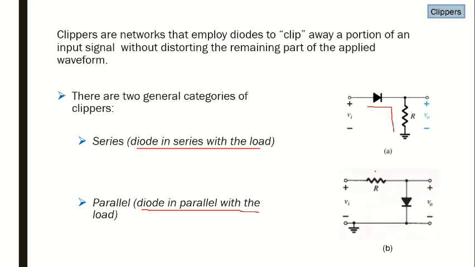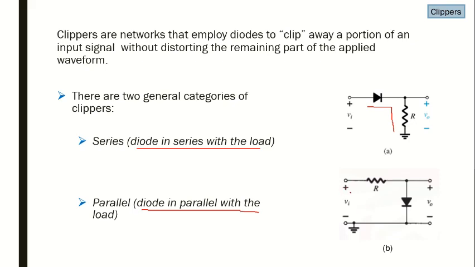Here you just saw that for a positive half cycle, in case of a series clipper, the diode will be in its on state, whereas for the negative half cycle the diode is in the off state. The same applies here.